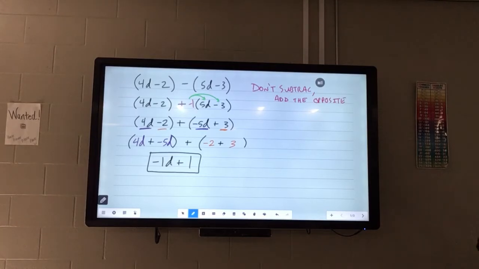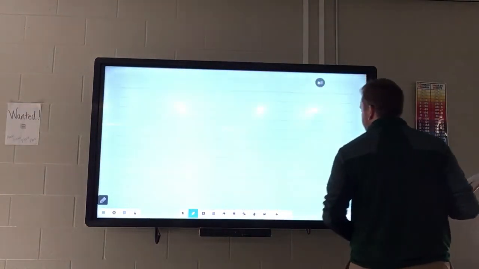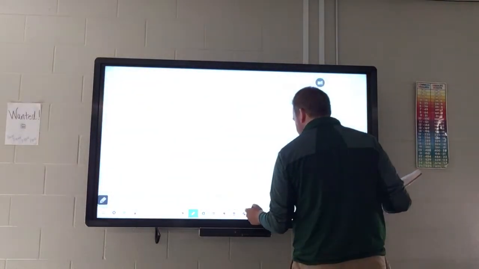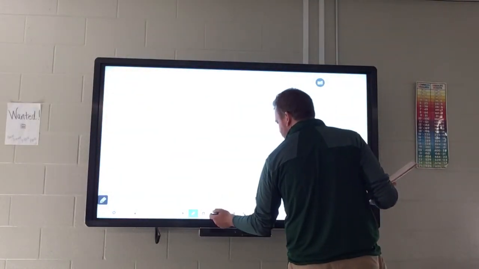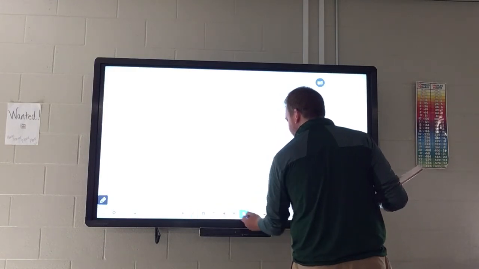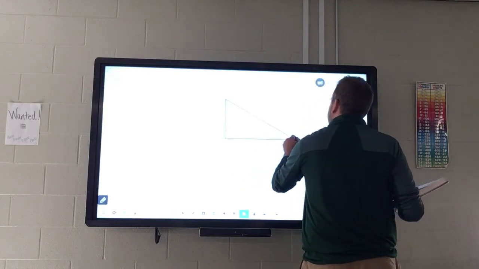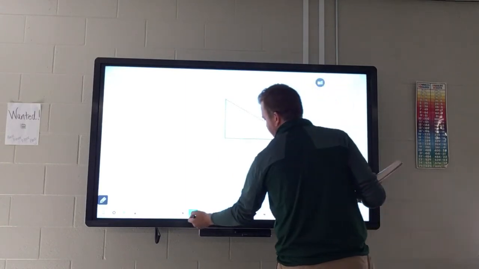Another thing you'll commonly see, a common type of question for this section, is when we run into something like this. Let's see if I can draw a shape correctly here. Alright. I want a triangle. Let's say we have a triangle.